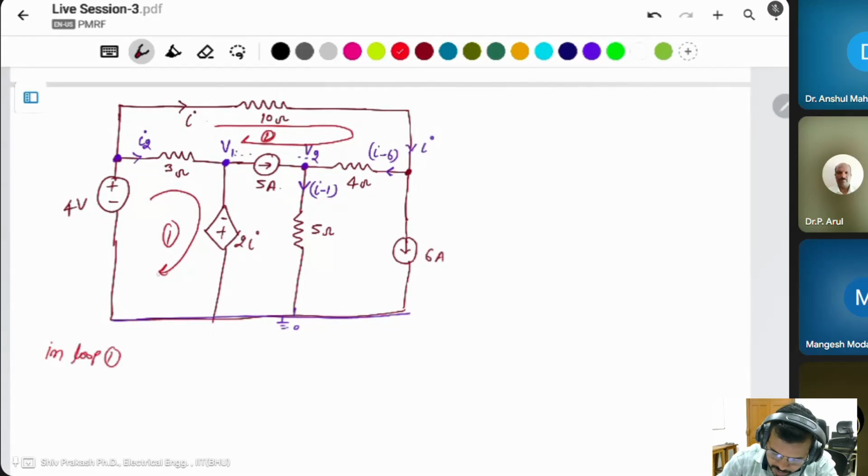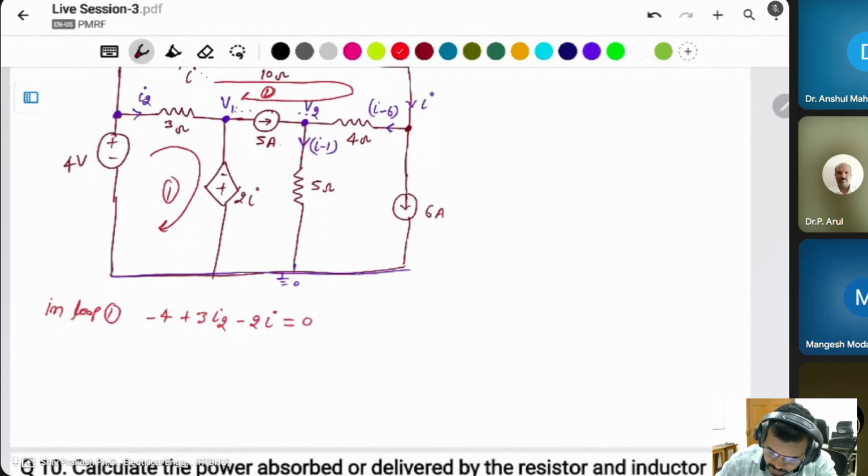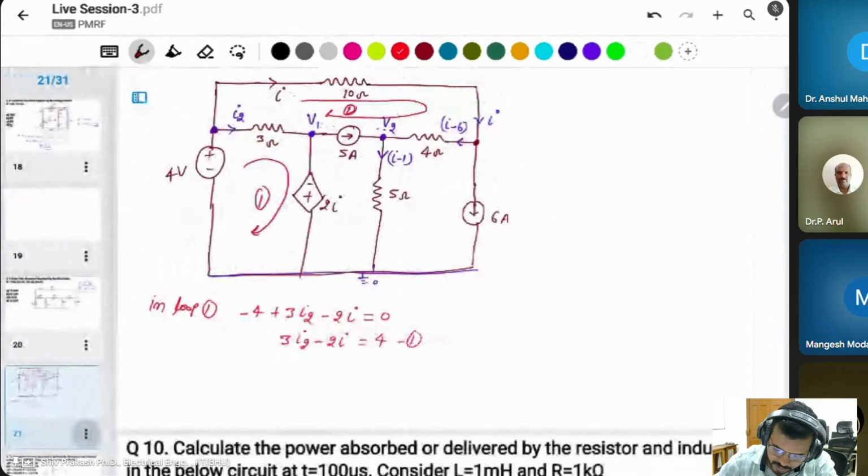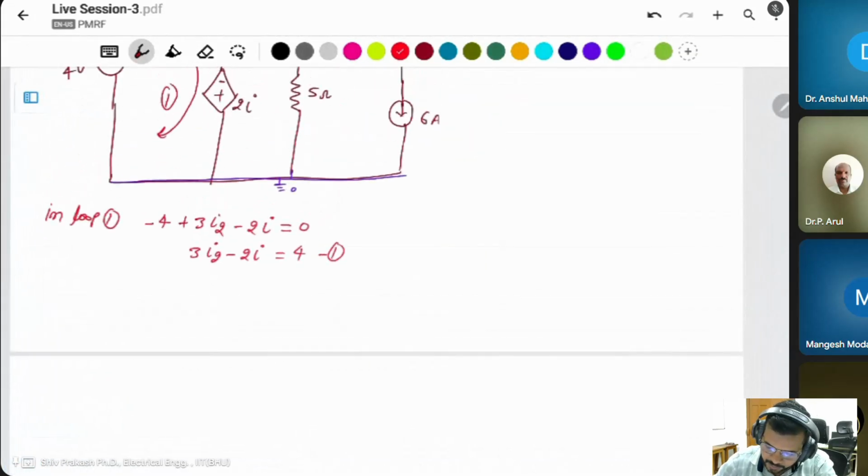In loop 1, start from here: minus 4 volt plus 3I2 minus 2I is equal to 0. So 3I2 minus 2I is equal to 4. Equation number 1.